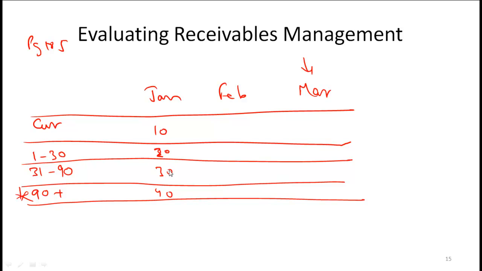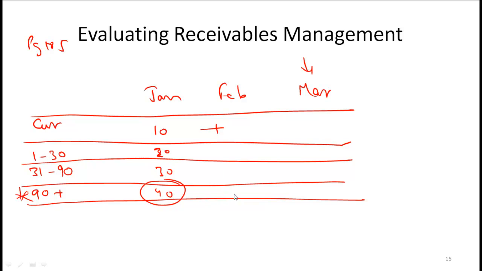This is a little bit scary in the sense that most of our receivables overdue are 90 plus, so the chances of bad debts are quite high over here. And so this is sort of like a cross-sectional analysis. Then we also need to do the time series version and see how this is changing over time. So let's say that over time these numbers are going up and these are going down.